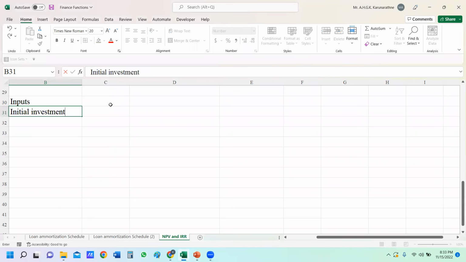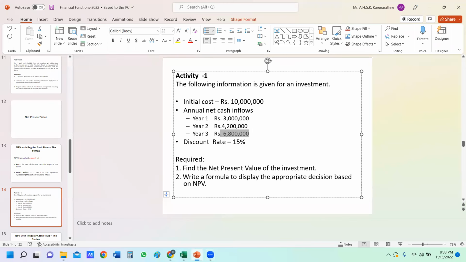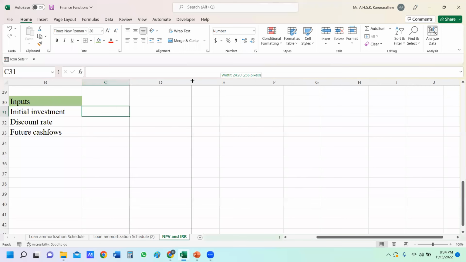Initial investment, then discount rate, then future cash flows. So what is the information? 10 million and 15%. Here we have 10 million.